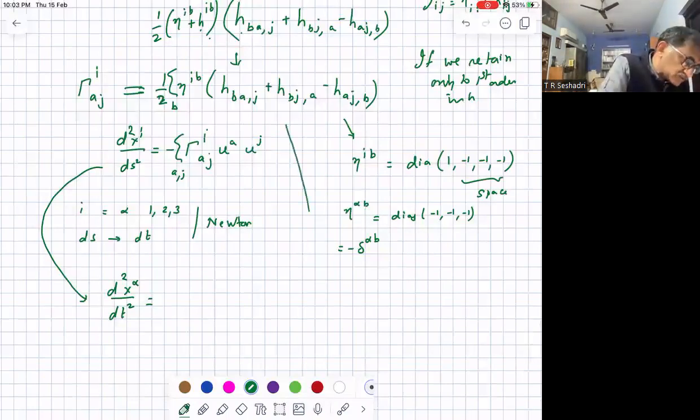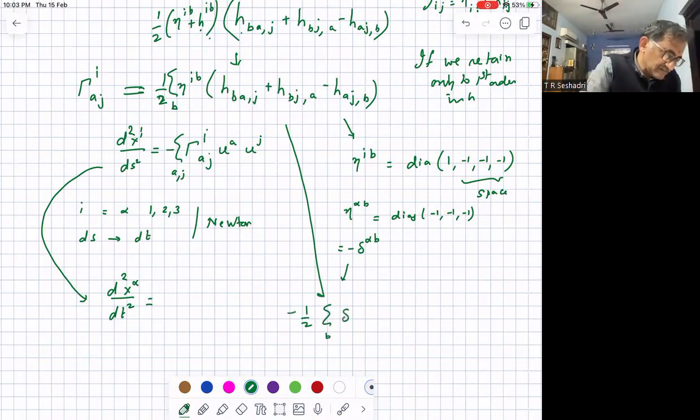And so I take this, and I write this as half summation over B with a minus sign, delta alpha B H B A comma J. No, it'll be very intricate.